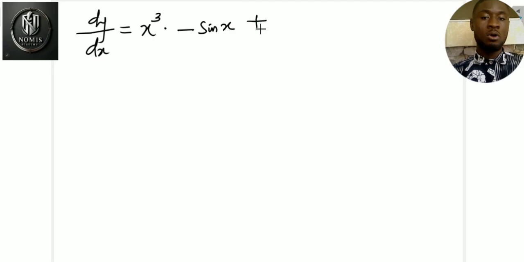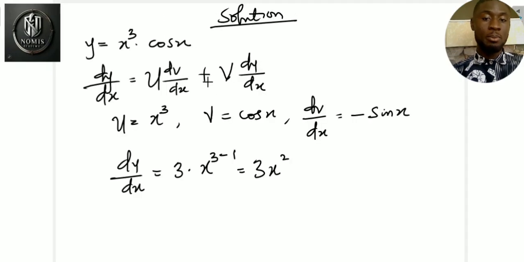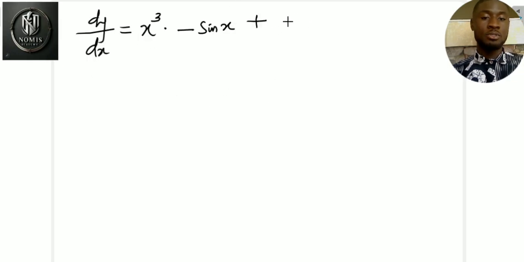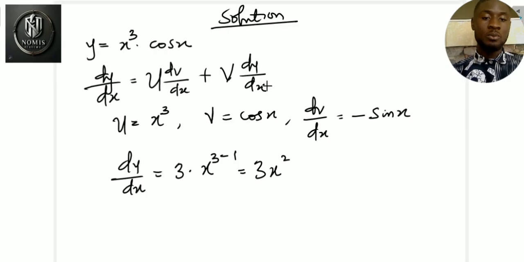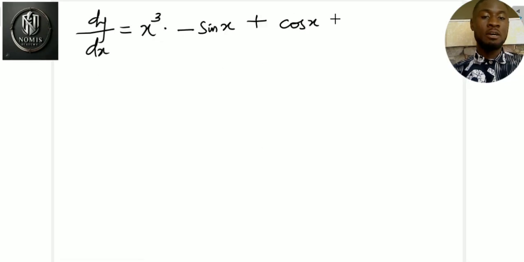Now plus, which is the normal plus in the formula, v. Now this v is cos x, so we put cos x there. And then what about the du/dx? If you differentiate u, that's 3x squared. So we have 3x squared there, multiplying.